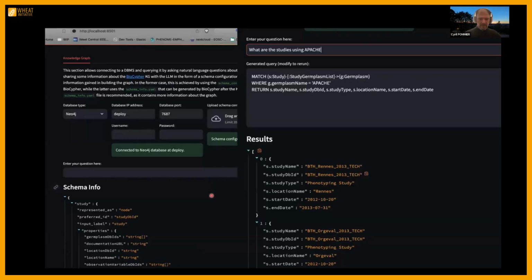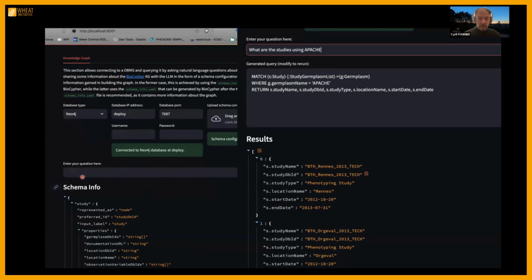So a few screenshots of what this BioCipher, BioChatter can do. So here is the very rough chatbot interface that gets generated. With a simple Docker Compose up, it is fully Dockerized.